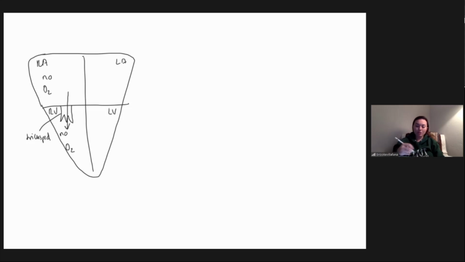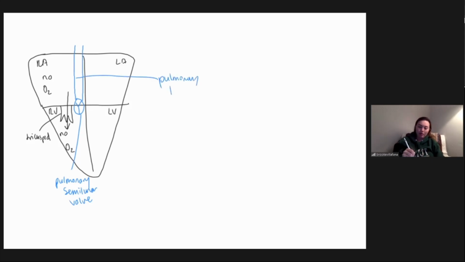Now, when it pumps to the lungs, the right side goes to the lungs through the pulmonary semilunar valve. When it leaves that chamber, it leaves as pulmonary arteries. First, it starts out as the pulmonary trunk, the main portion, and then it branches into the right PA and left PA.